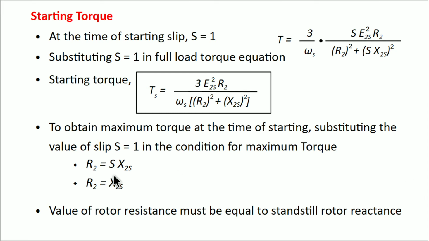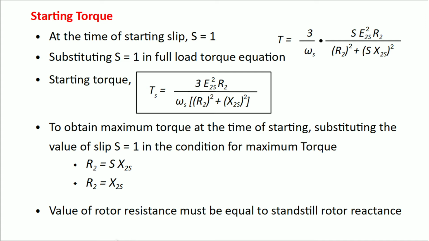In squirrel cage rotor we cannot do that. So the starting torque of squirrel cage motor is always low. To have starting torque maximum, the value of rotor resistance must be equal to the standstill rotor reactance.